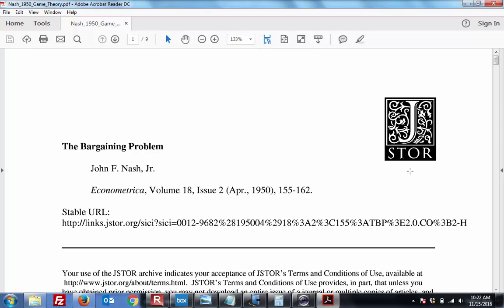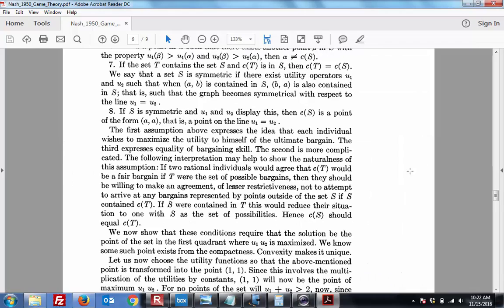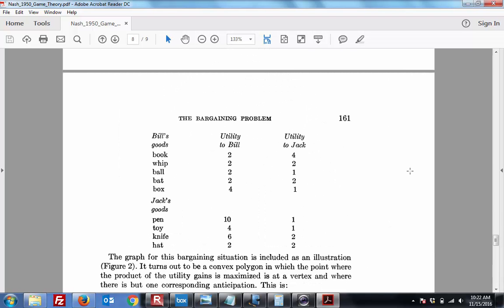But John Nash won the Nobel Prize in economics, and he did so for this. This was not the only paper he published. Oh, he died last year? Okay.